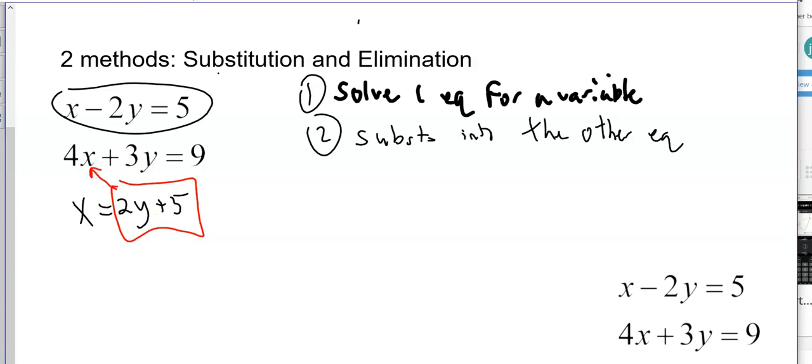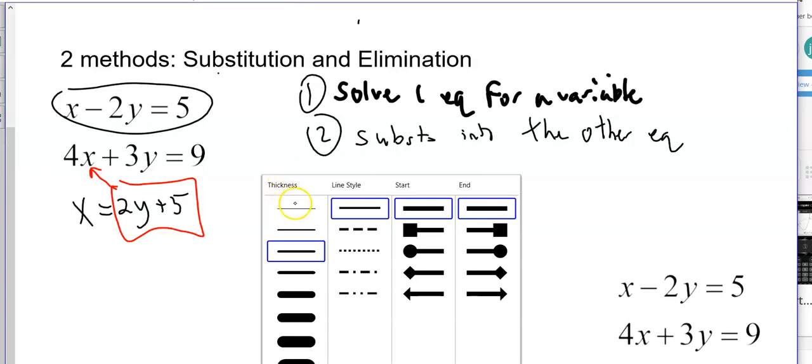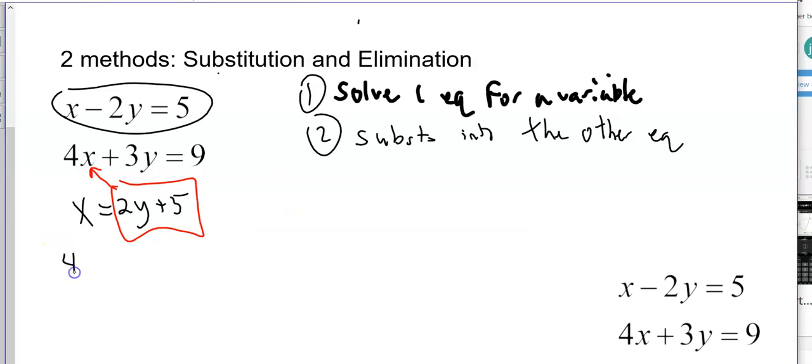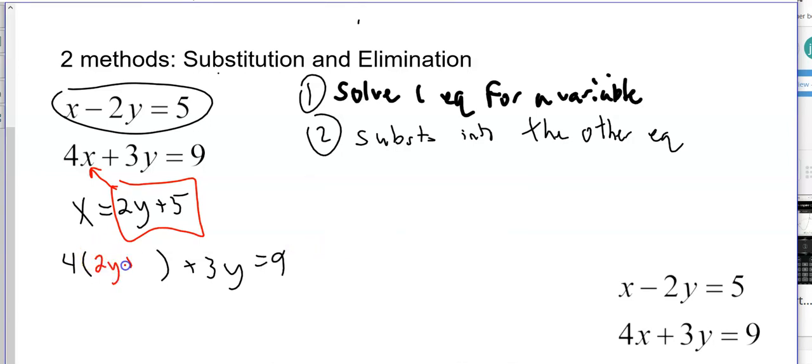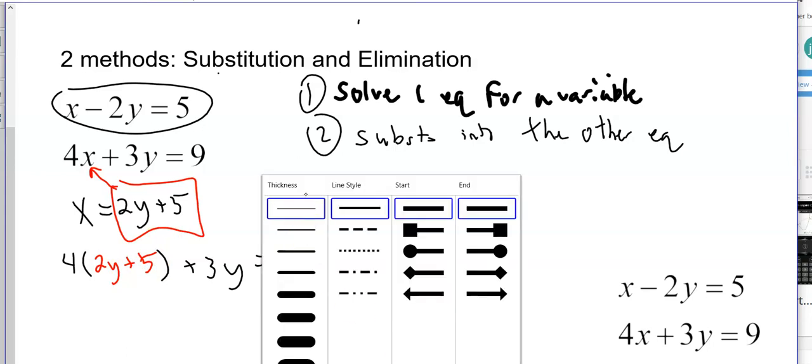Everywhere there's an x, you're going to plug in 2y plus 5. So it would be 4 times 2y plus 5, plus 3 times y equals 9. Wherever it says x there, we plug in 2y plus 5. Then we're just going to solve that.